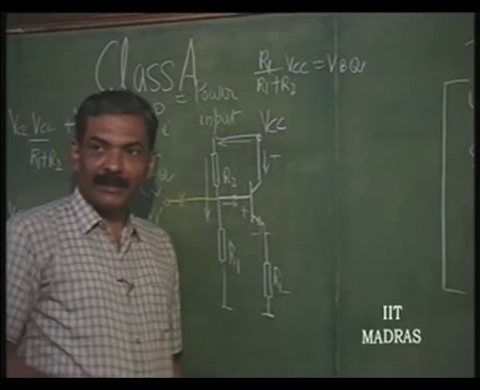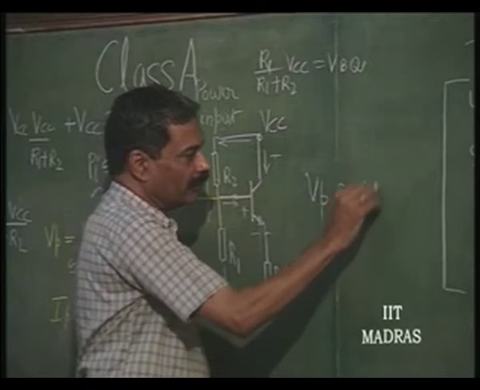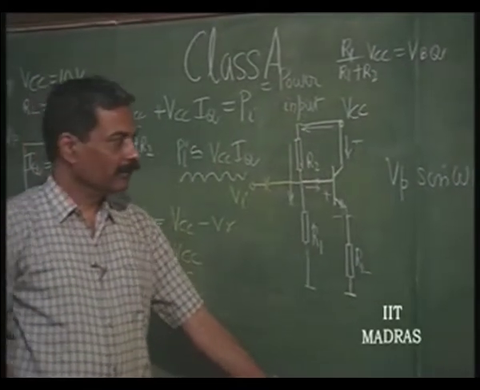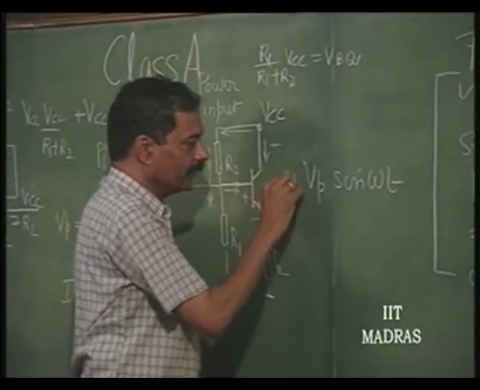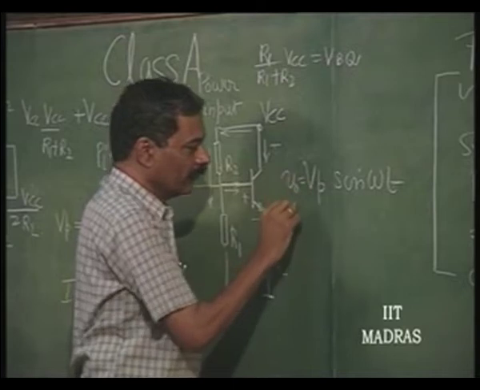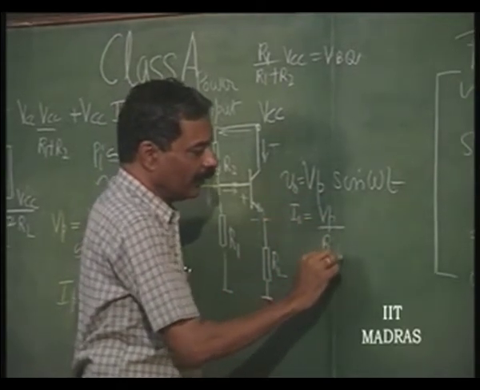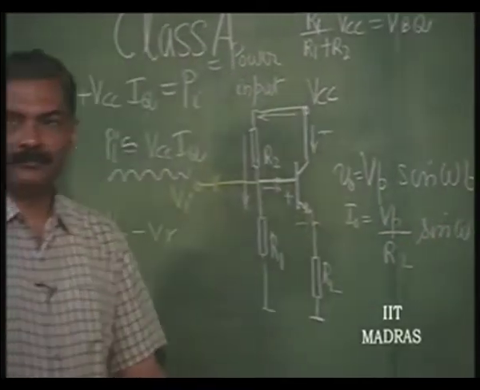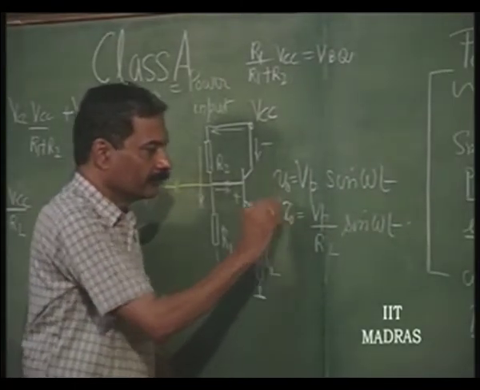If it is a symmetric swing and the voltage across the load is Vp sin omega t, the current is going to be Vp divided by RL sin omega t.